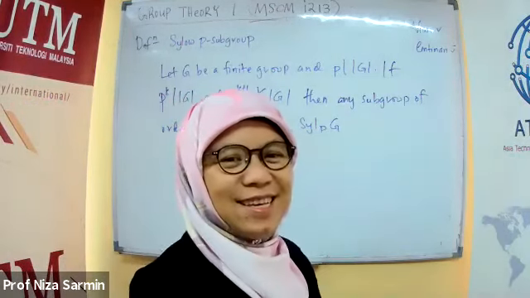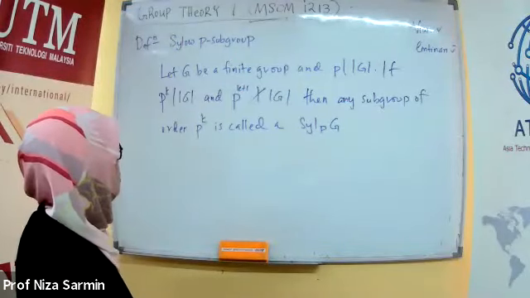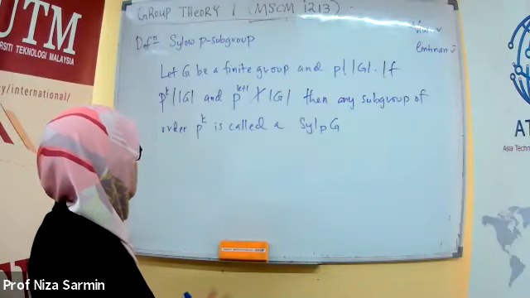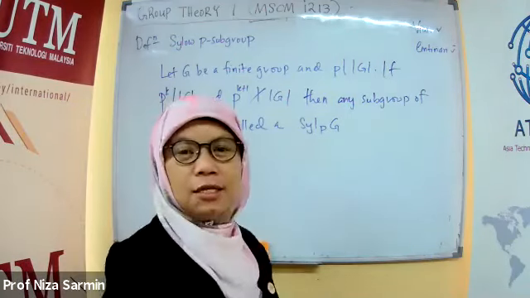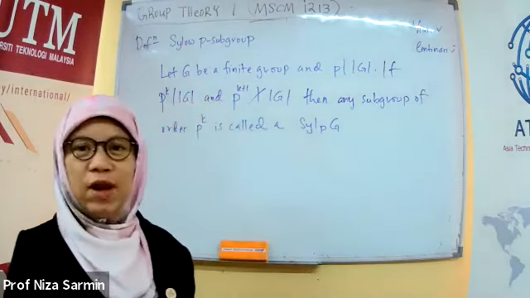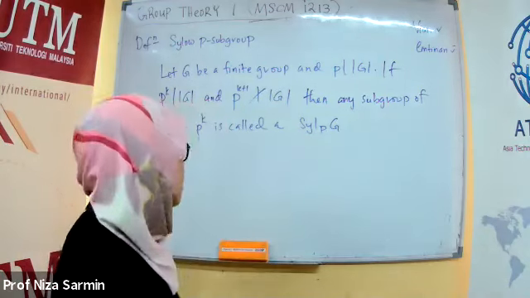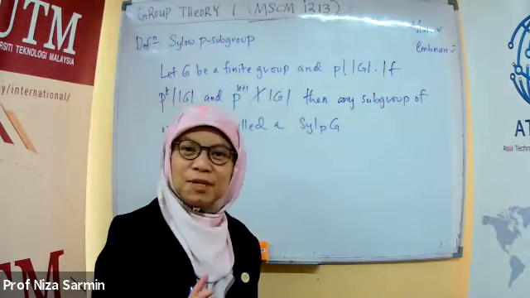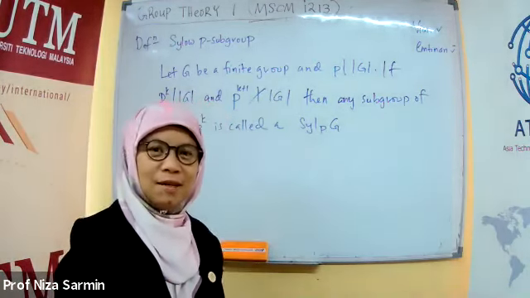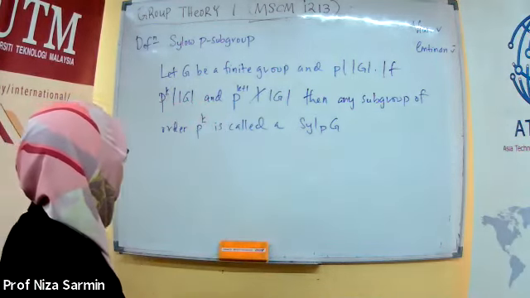Okay, you can mute. So this means it's the highest power of P dividing the order. That is the Sylow P subgroup. The definition seems quite complicated, but actually it's not.